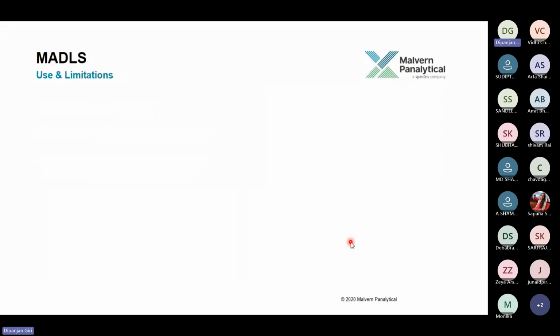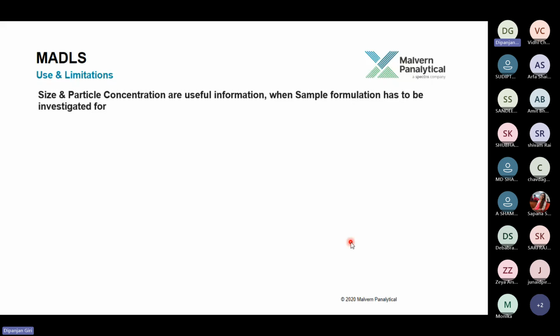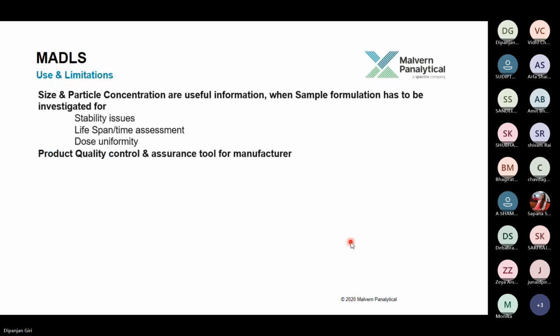So you can see that, but definitely there are a few limitations with MATLAB. The size and the particle concentration are very useful information when you are looking at the stability index issue or the dose information in drug delivery systems, product quality control, and the assurance tool for manufacturers.